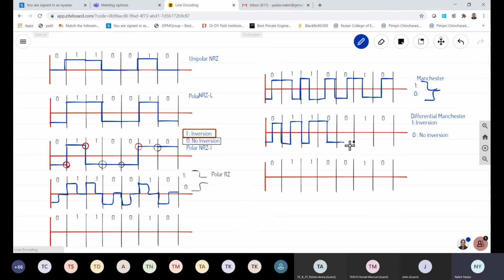So I continued here. In between the time, I have crossed the axis and then I have come here. Correct? Now there is a 1. What is it for 1? Inversion. So go to the opposite side of the axis. Correct? And then from there you draw the signal.